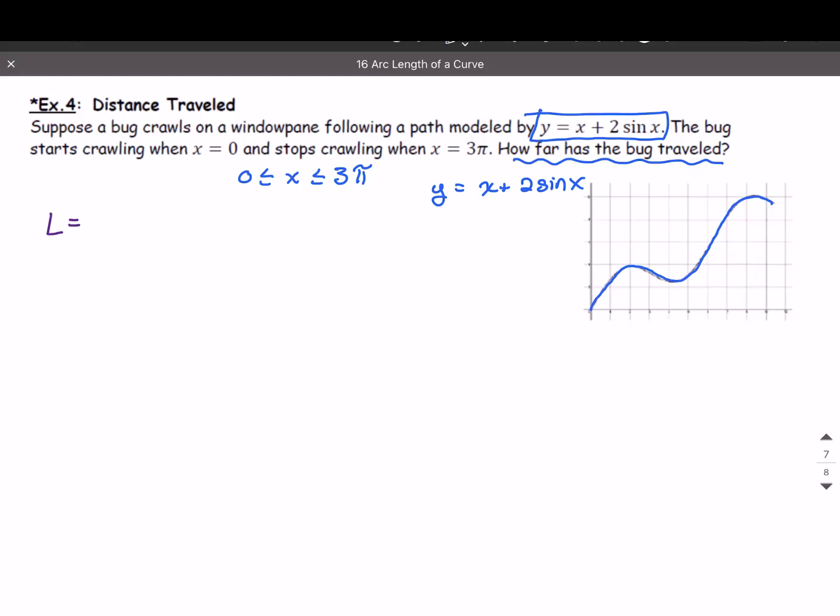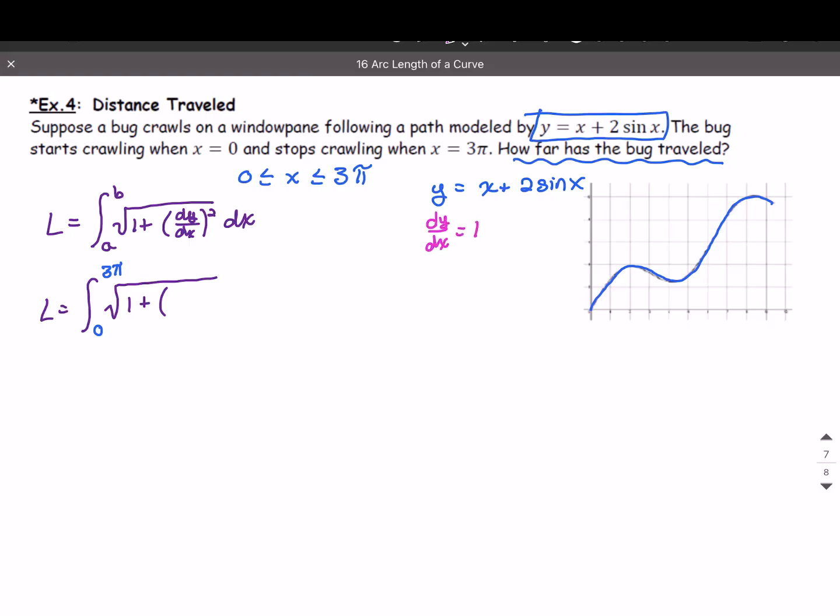Since we have y defined in terms of x, we're going to do the integral from a to b of the square root of 1 plus dy dx squared dx. So that means our arc length is going to be the integral from 0 to 3 pi of the square root of 1 plus, now we need to find dy dx.